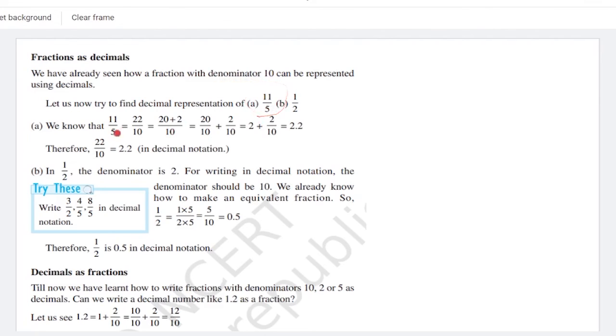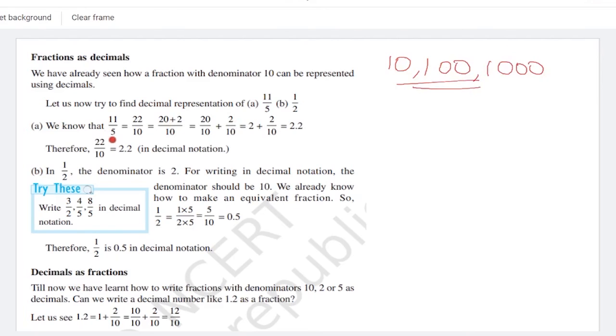For the decimal form, the denominator can only be 10, 100, 1000, etc., that is, 1 followed by zeros. Only that will be in the denominator.